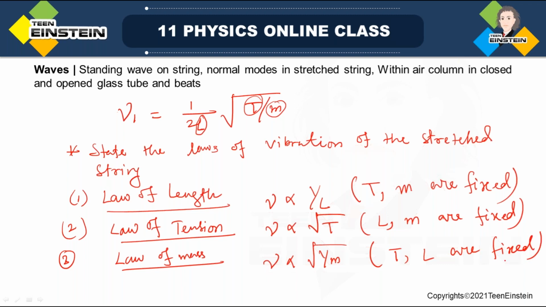So these are the three laws of vibration of a stretched string.